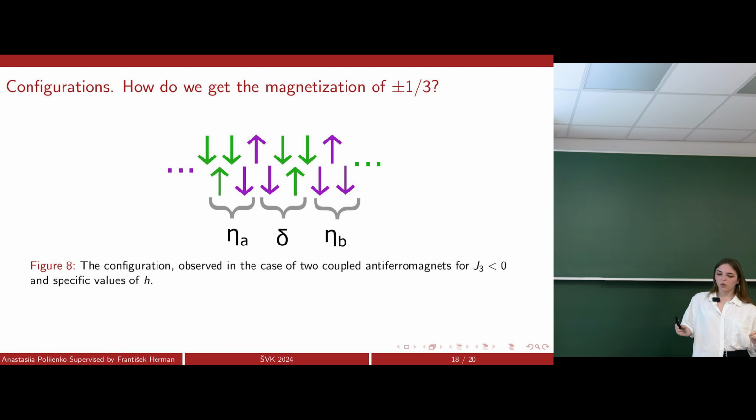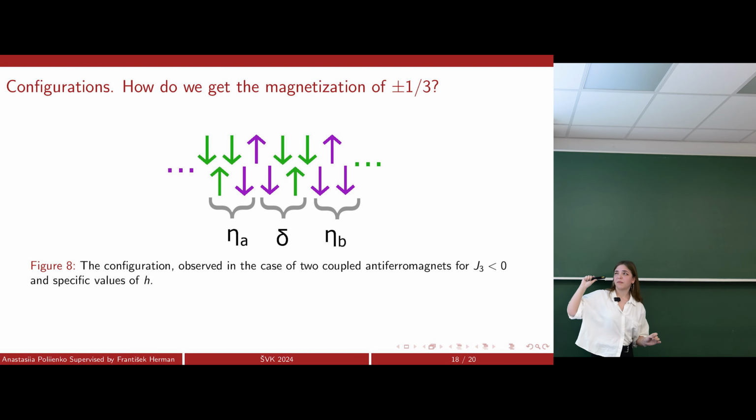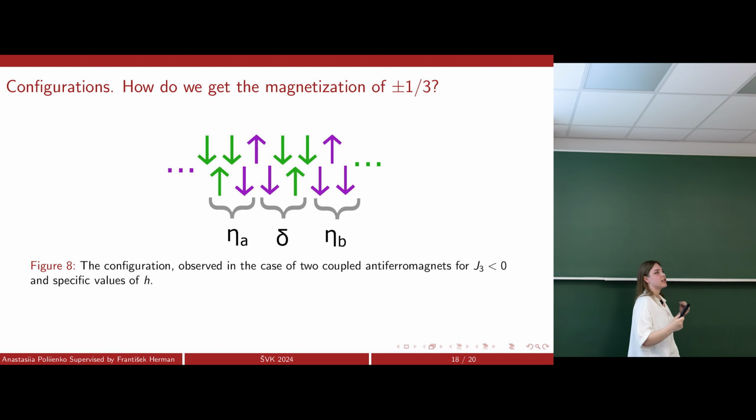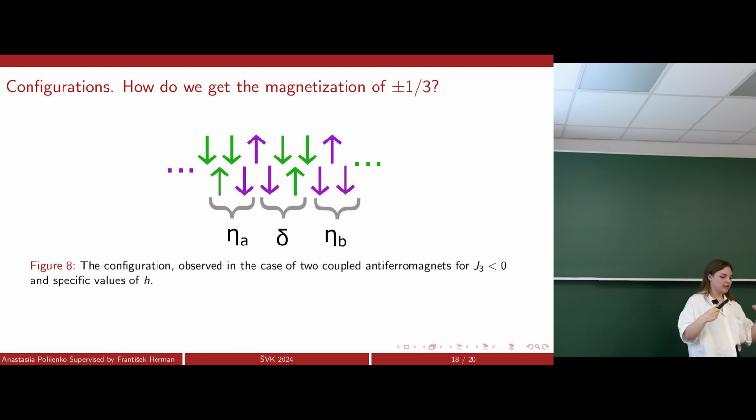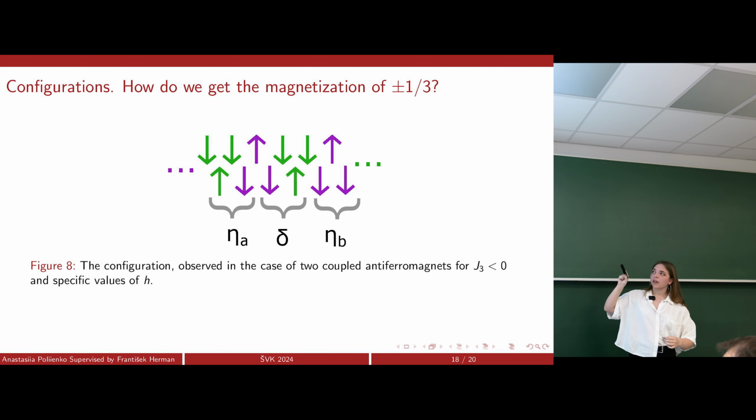And here we understood that we need to combine phases eta A, delta, and eta B. And later we understood that it can be redefined as the repeating of tripods, green ones and purple ones. And that's how those light gray and light orange areas look.